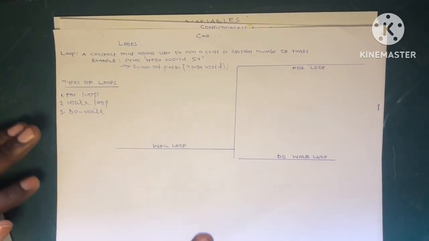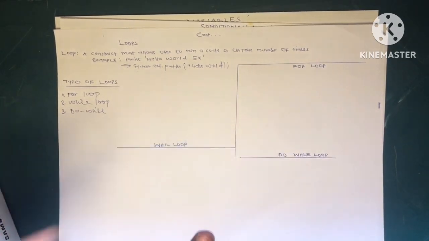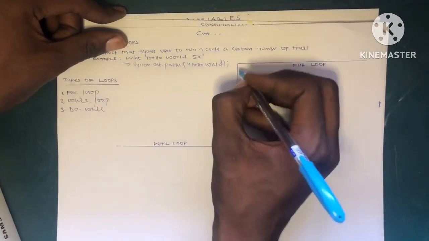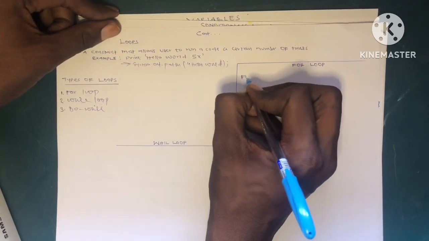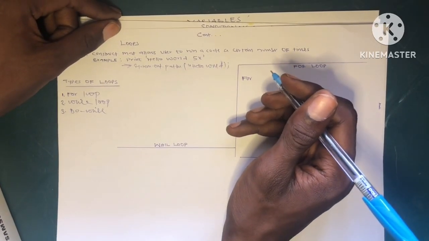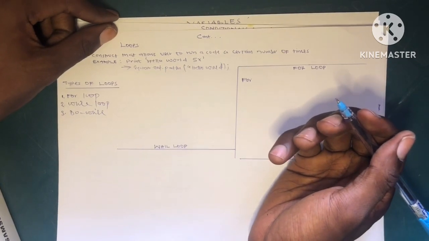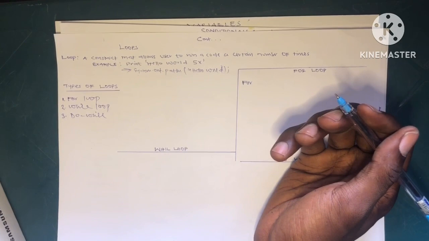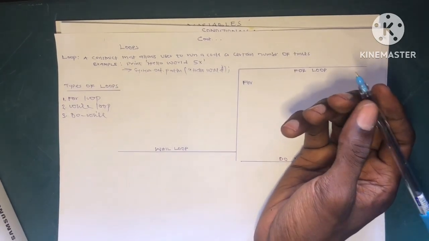Now let's say we want to use the for loop to print hello world 5 times. This is how you do it. You use the keyword for. The formula is actually very long, but this is basically how you do it.